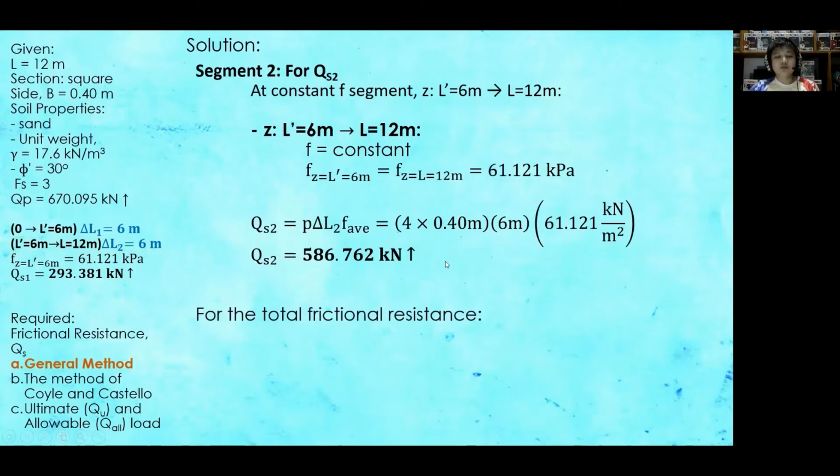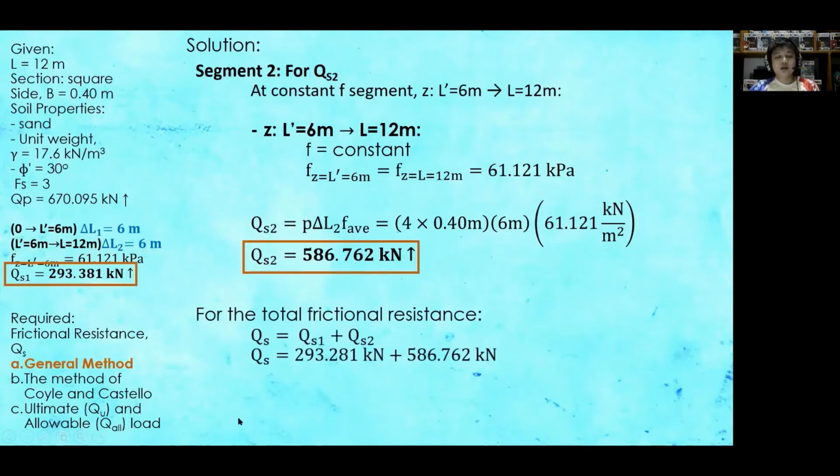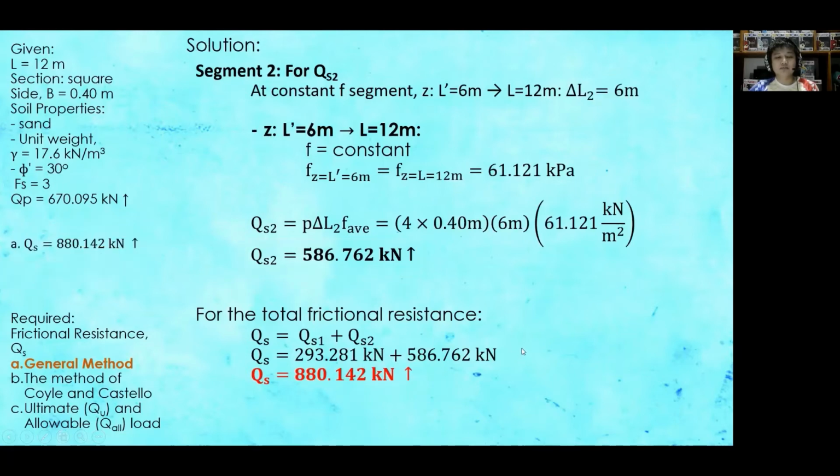So for the total frictional resistance, again our QS1 plus QS2. So for QS1, that is 293.381 plus QS2, 586.762 kilonewtons. Thus, our total frictional resistance is equal to 880.142 kilonewtons.